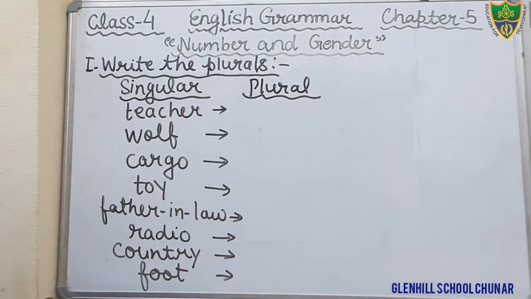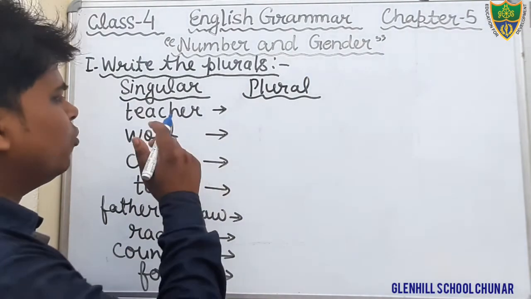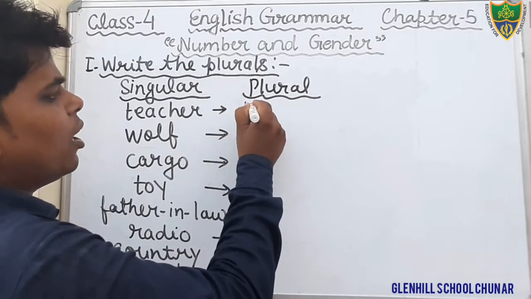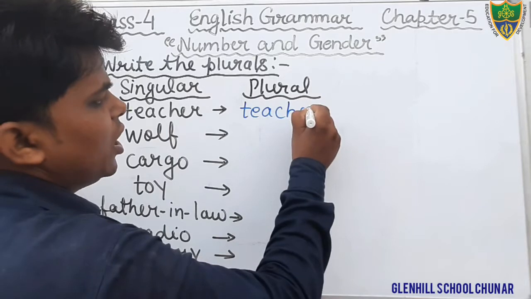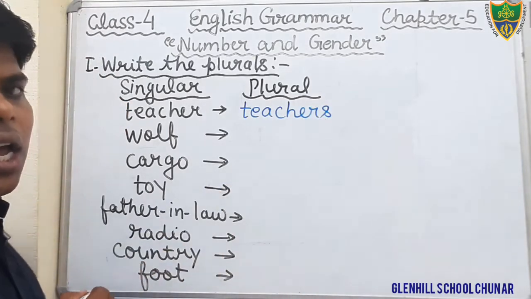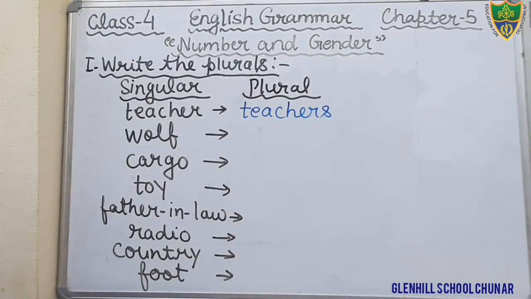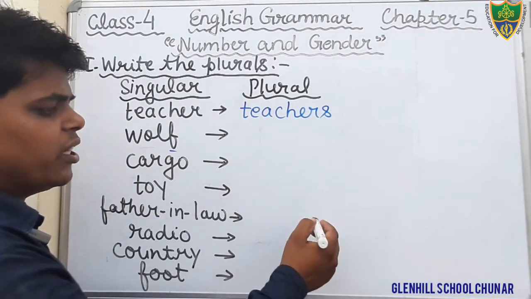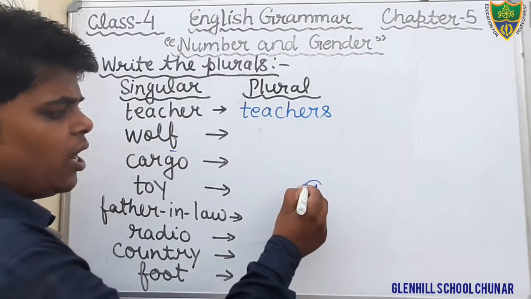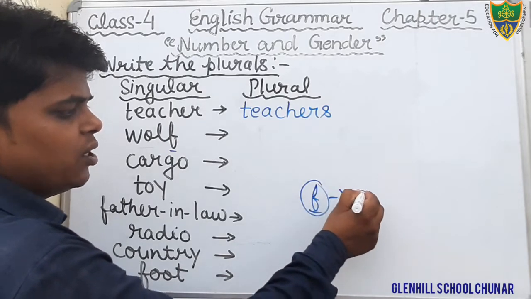You have to write the plural, and just write down what would be the plural of teacher. Teachers. You will add S here to make plural. Okay students, wolf is given here. I have told you the noun that ends with F, at the place of F we will write VES.